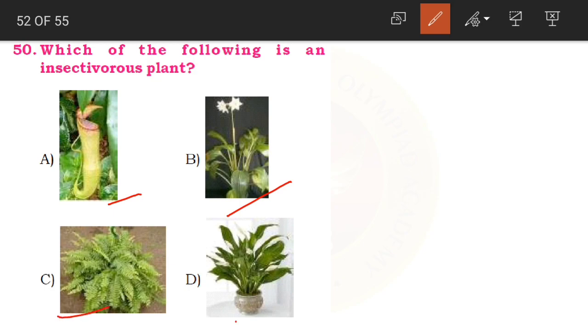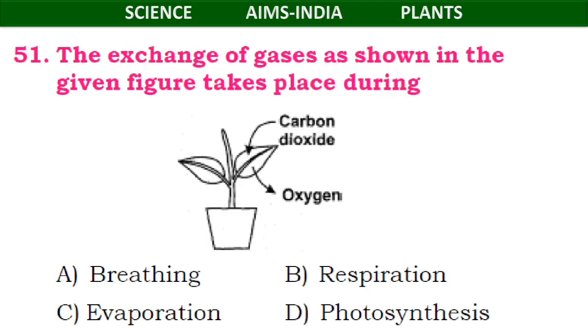So which is an insectivorous plant? An insectivorous plant means it traps and catches insects. A option is the correct one, as you can see in the picture. This part is meant for the insects, where it can trap, catch and eat them. Pitcher plant this is.